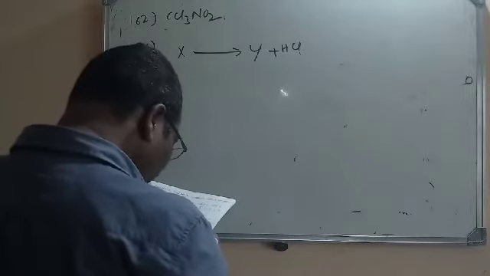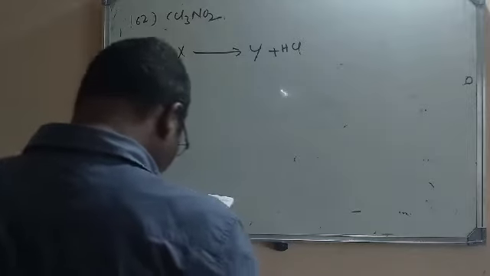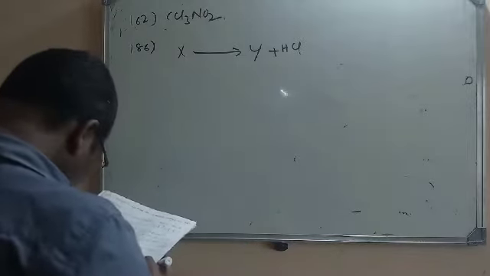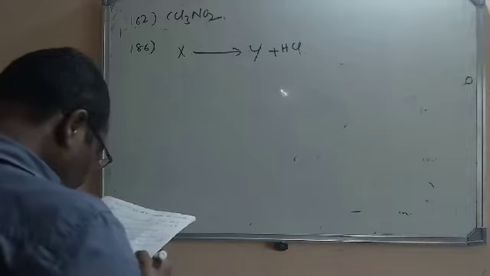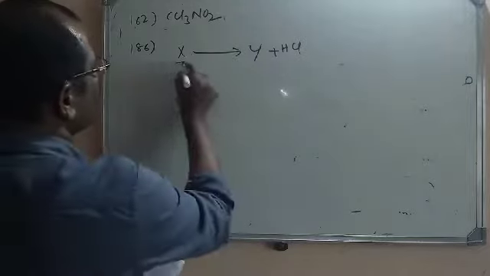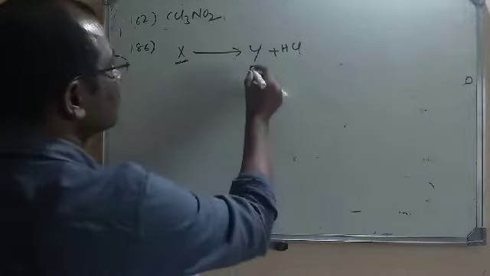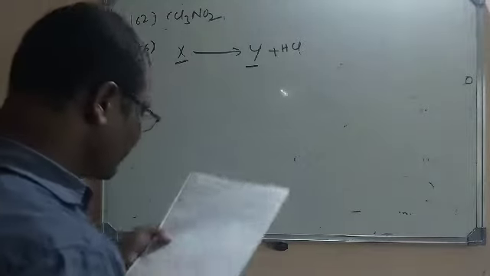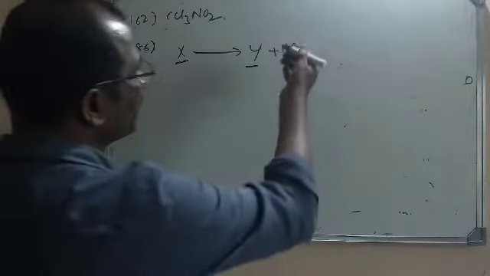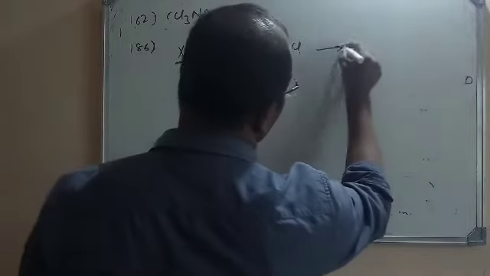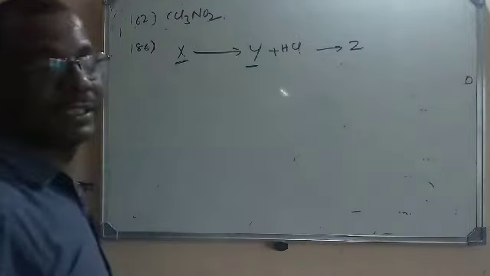This reacts with Y and converts Y into Z. So X is turning into Y on exposure to air, and Y is prevented by adding ethyl alcohol, giving a product Z. What are X, Y and Z?